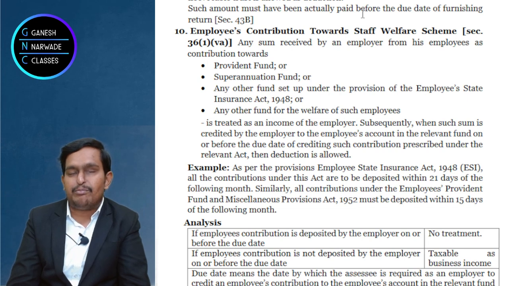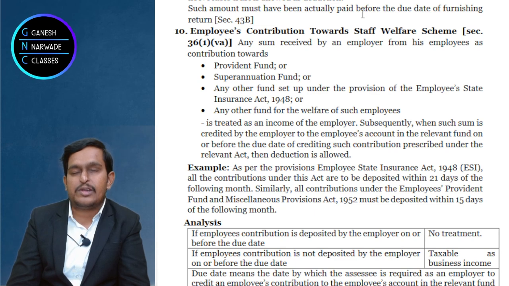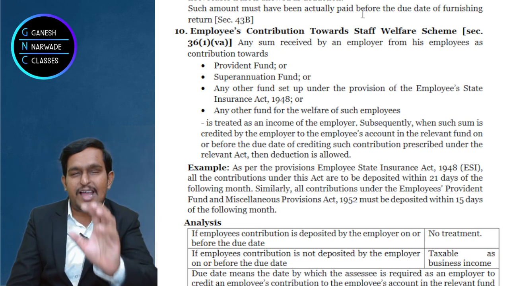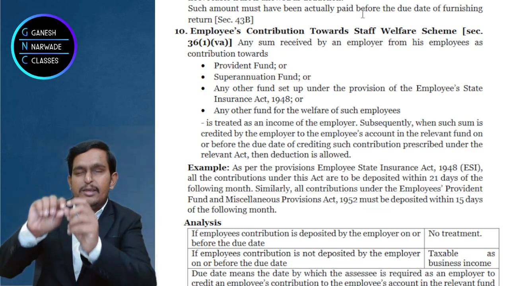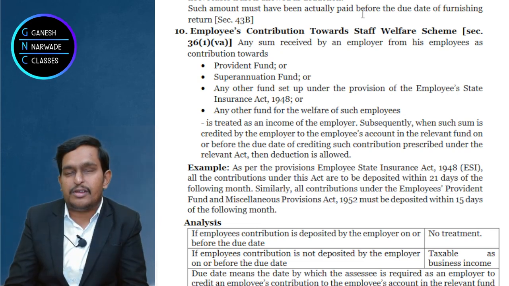Suppose your salary is 1 lakh rupees and 12% provident fund contribution has to be made. 1 lakh into 12%, 12,000 has to be contributed by you. So you will not get 1 lakh salary and go to the EPF authority and deposit 12,000.